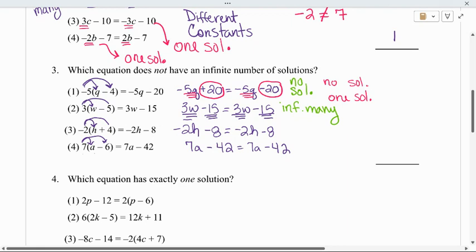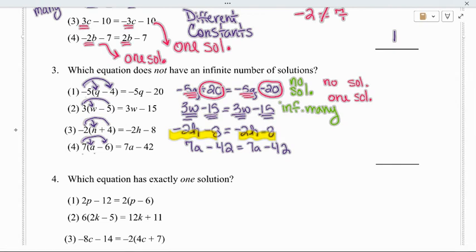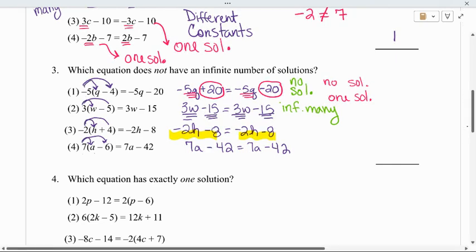Lissandro, what can you tell me about example number 3 of question number 3? They're exact same. So what does that mean? Infinitely many. Thank you. Kenna, look at example number 4 of question number 3.